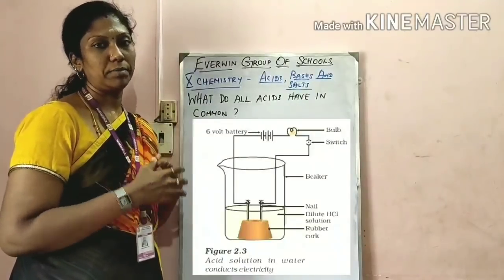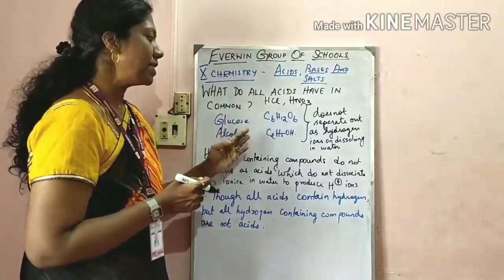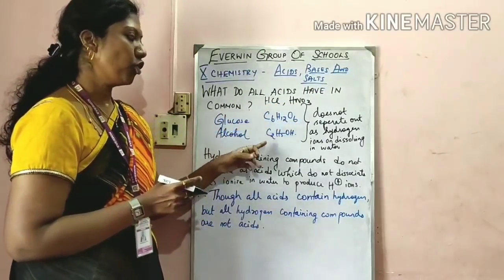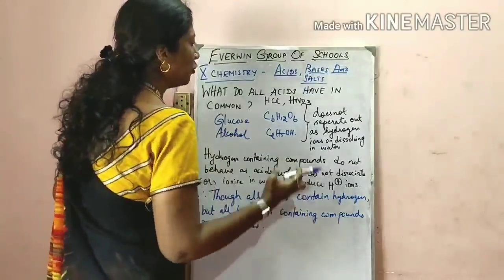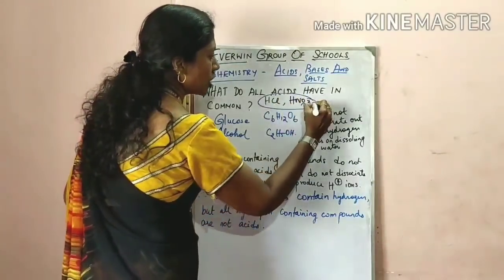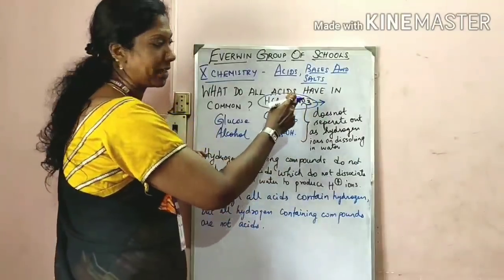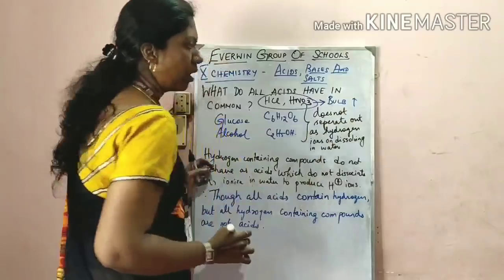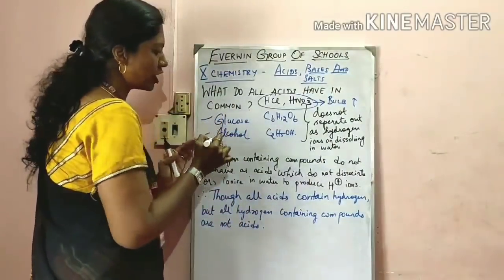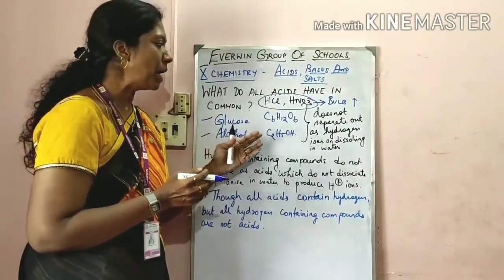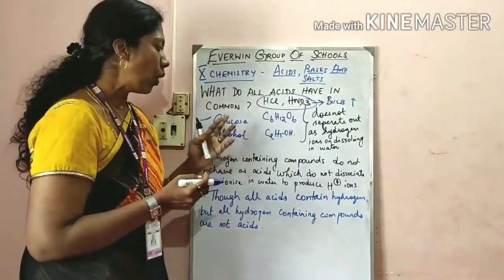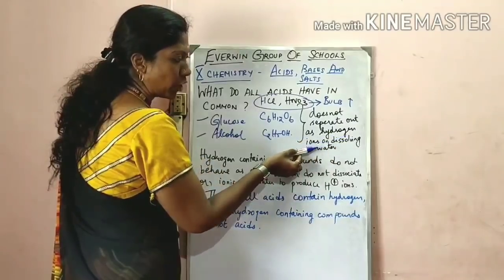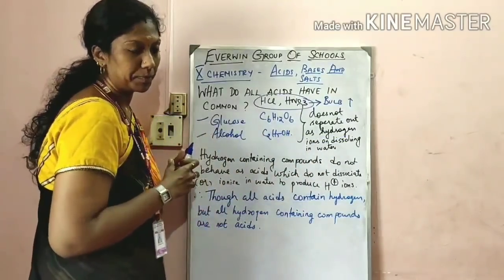Why? The 4 sample solutions which we have taken are HCl, HNO3, glucose and alcohol. And I have told you that with these 2 solutions, when electricity is passed, the bulb was glowing. But with these 2 solutions, the bulb doesn't glow. Why? They do not separate out as hydrogen ions on dissolving in water.